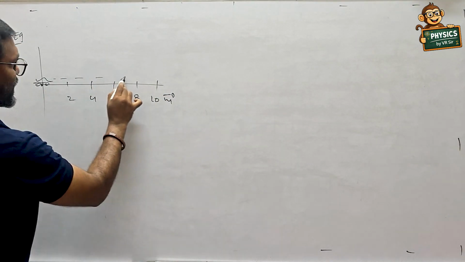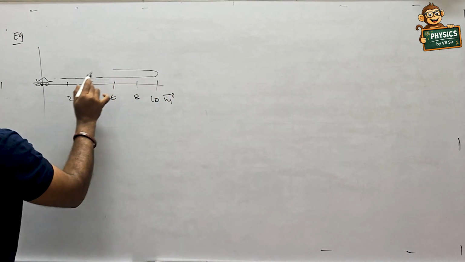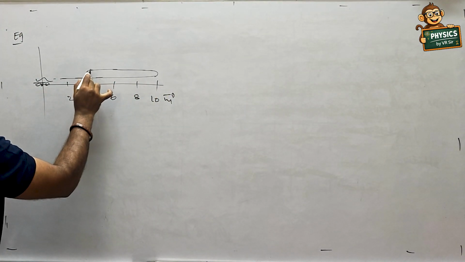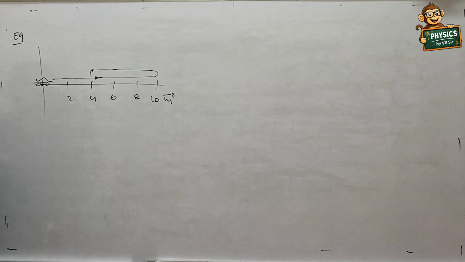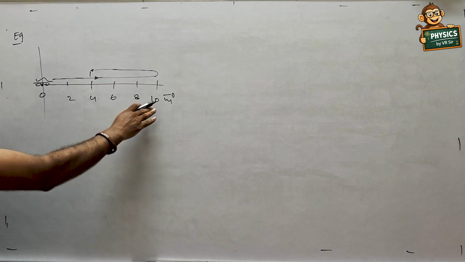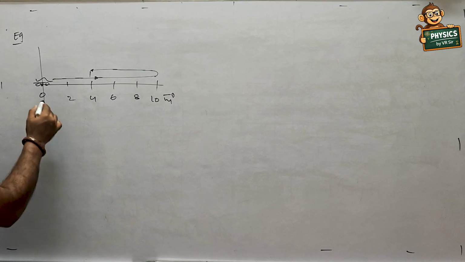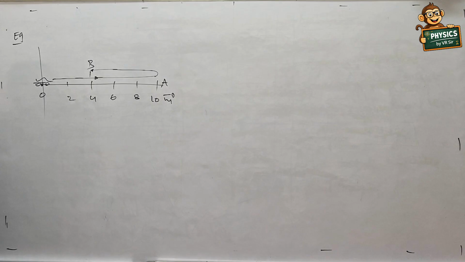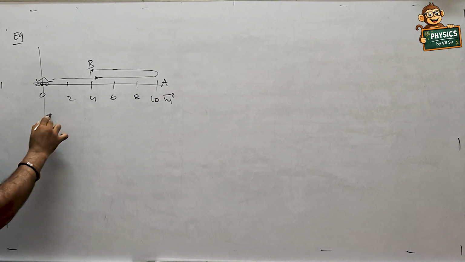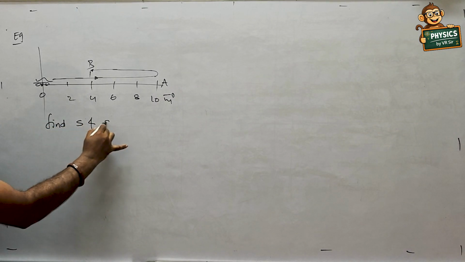Now it's moving in this direction and coming back, so coming back to this location. Now this is 0, 2 meters, 10 meters. It is in meters. Now the path we are representing, this is O and this is A and this location is B. Now find distance and displacement.